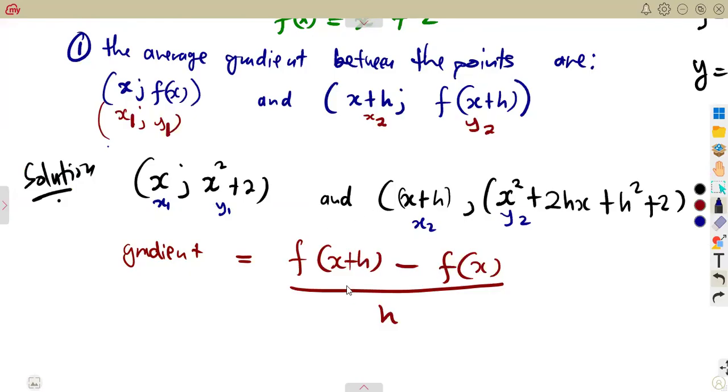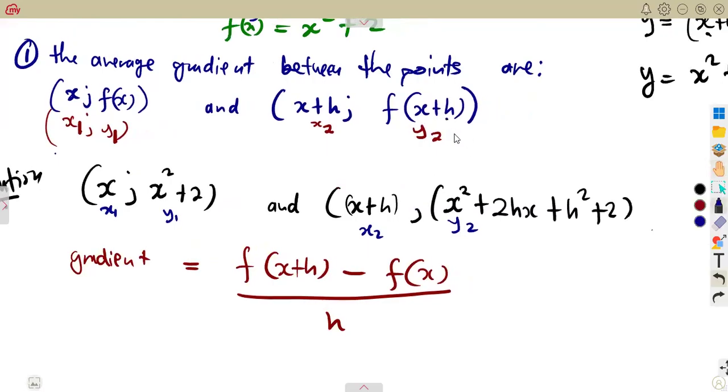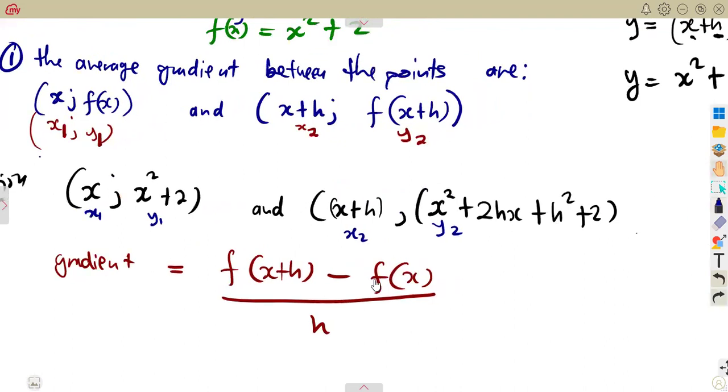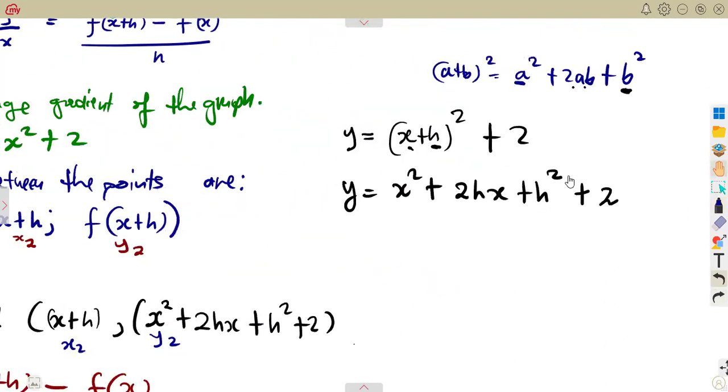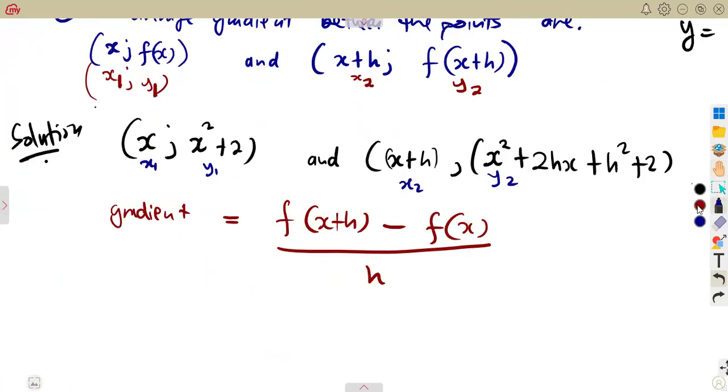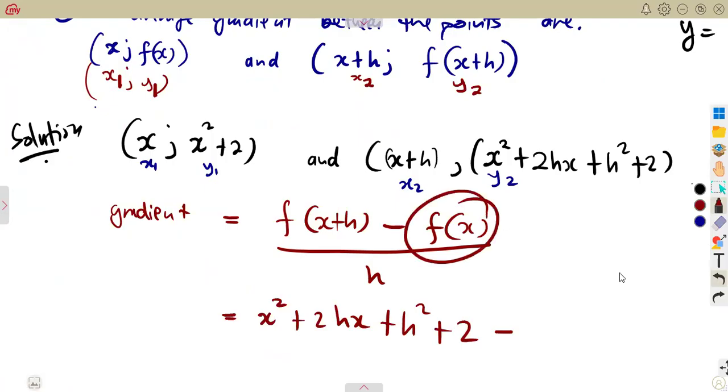So with this, our f of x plus h was this part that we had. Remember, when you substitute, this is the corresponding value, which simply represents y2. So you're going to take that f of x plus h that you simplified and substitute it: x squared plus 2xh plus h squared plus 2, minus f of x.